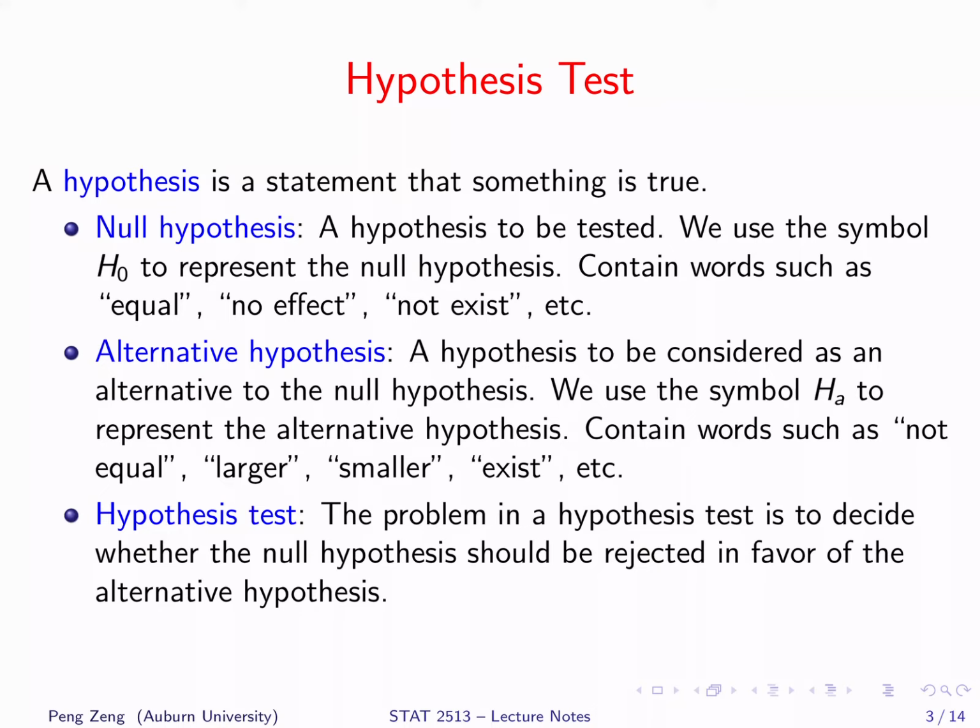You can see, either the null or alternative hypothesis must be true. In practice, we will take a sample and make a choice between them based on the sample. The problem in a hypothesis test is to decide whether the null hypothesis should be rejected in favor of the alternative hypothesis.